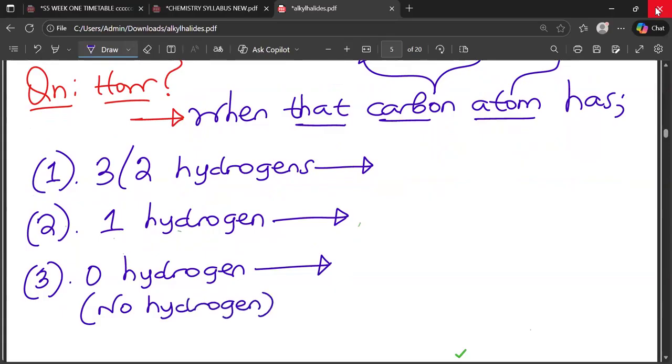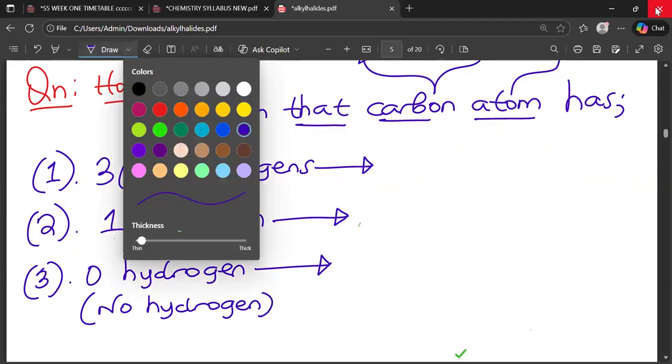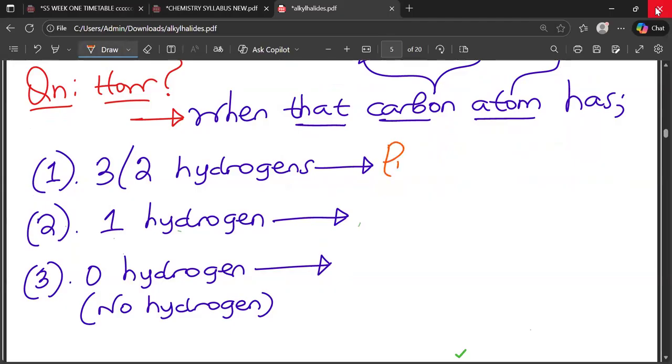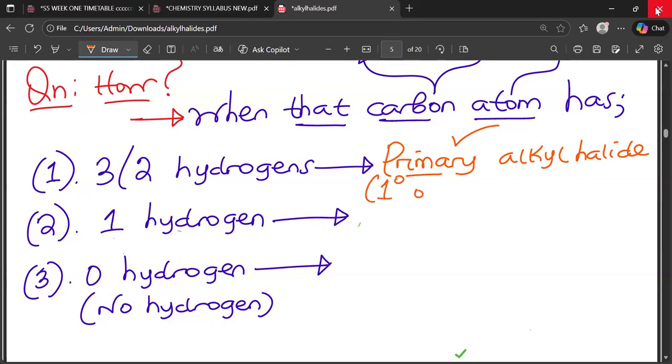So it is very simple. When it's having 3 or 2 hydrogens, that's what they call the primary alkyl halide. And you all know primary, they represent it with 1 naught. If not 1 naught, they write 1 superscript RY.